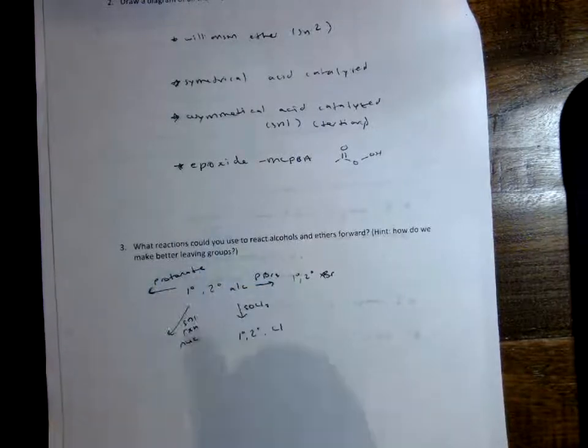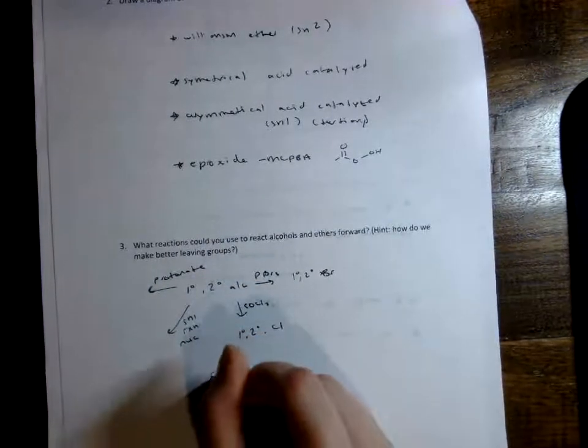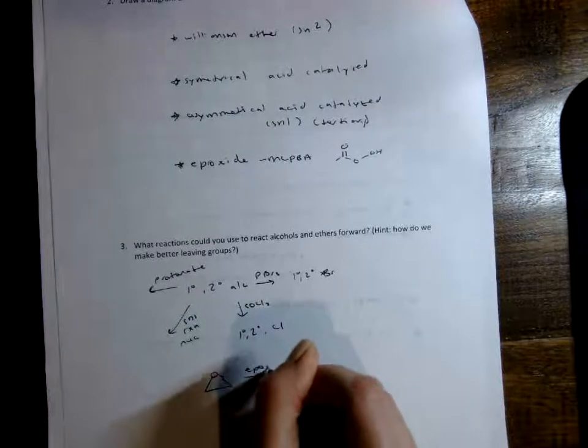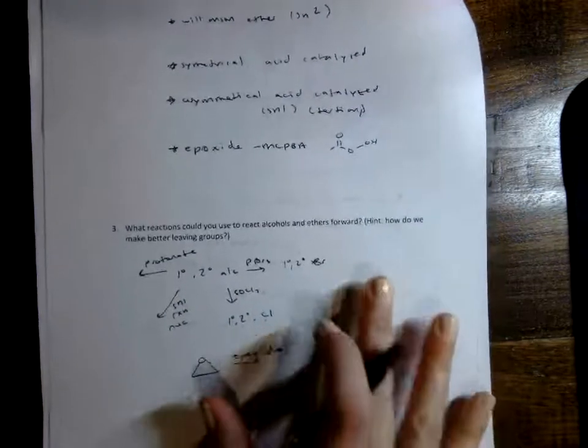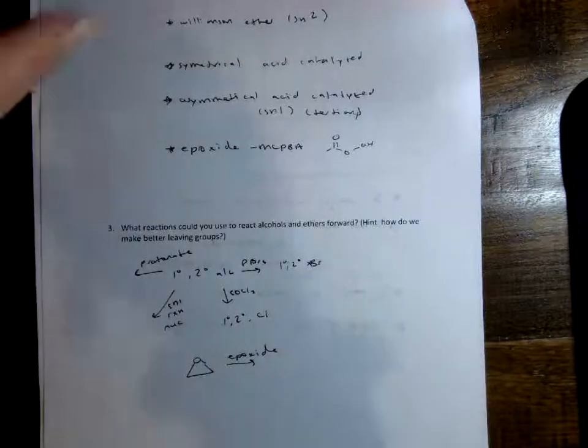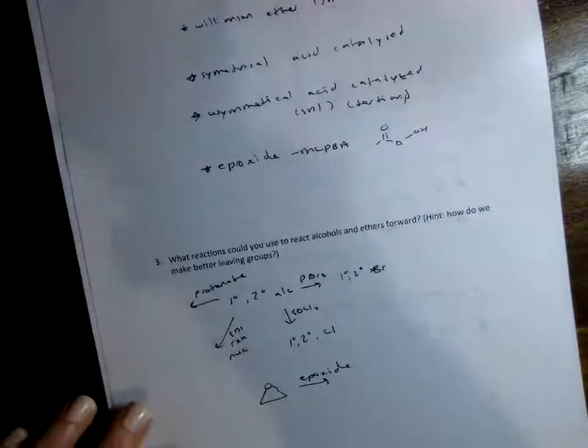You can also do an epoxide ring opening with an ether. You only had to write 4. Dr. Corrales said you only have to write 4, but if you want to do more, that's fine too. I'm going to try to make this a little bit bigger for you. Okay.